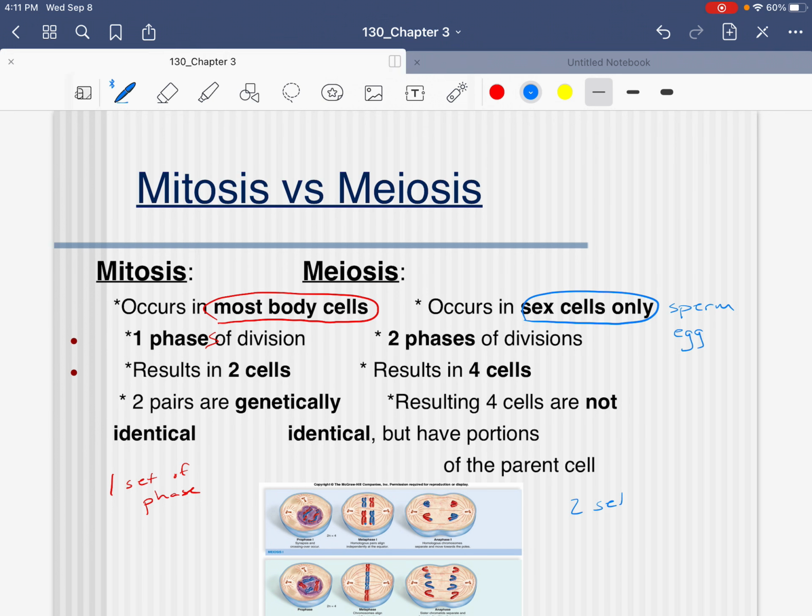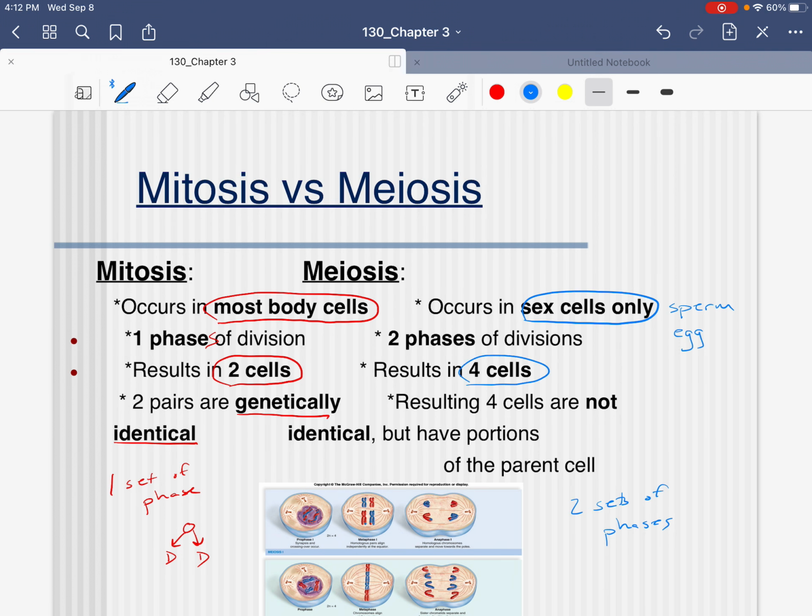Whereas in meiosis, you have to go through that same set twice. Takes longer. They're similar phases, you just have to go through them twice. In mitosis, you get from a parent cell 2 daughter cells that are genetically identical. You have one parent cell, and you produce 2 daughter cells that are identical.